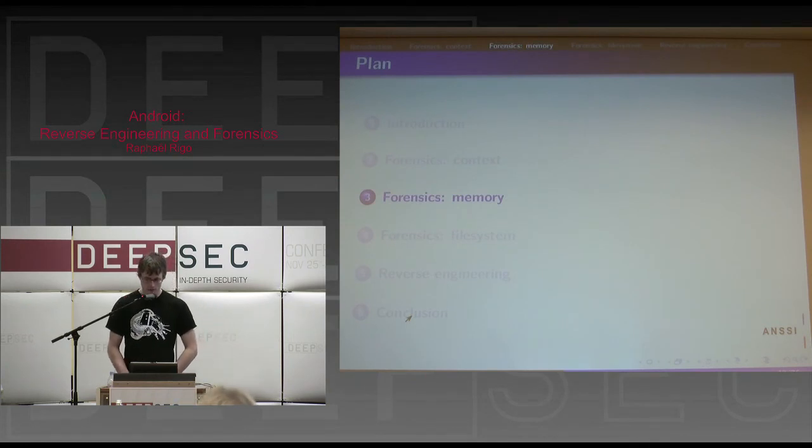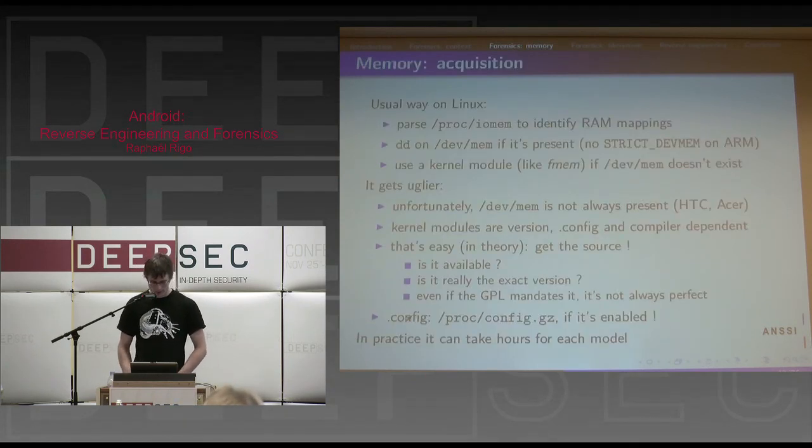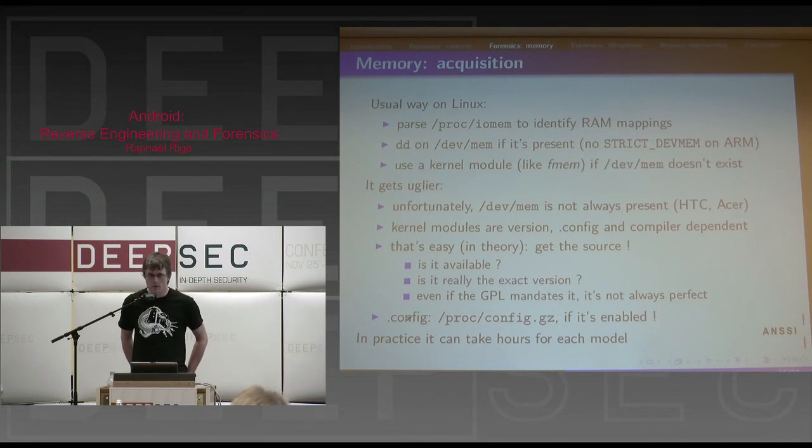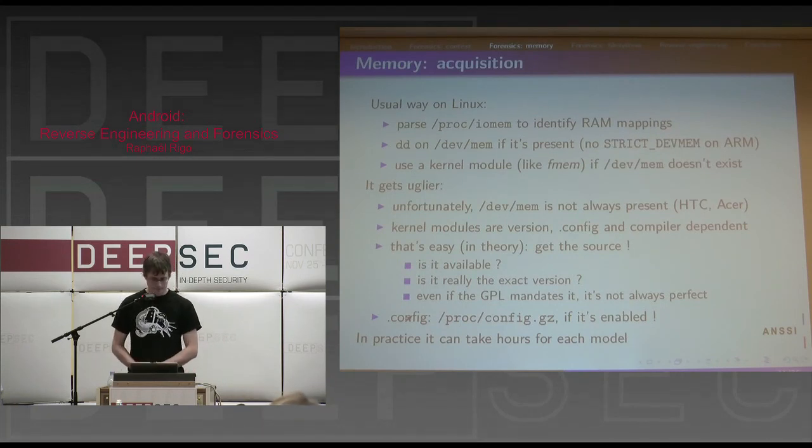So concerning memory, the usual way to acquire physical memory on Linux is to get the RAM mapping from /proc/iomem, then just copy the memory using dd from /dev/mem. On x86 it's not really present anymore, and you get that strict devmem, sorry. But on ARM there is no strict devmem, so if there is devmem, you get no problem.